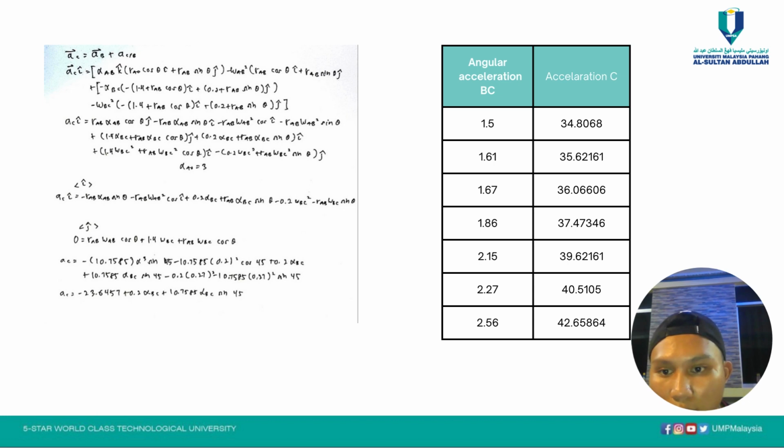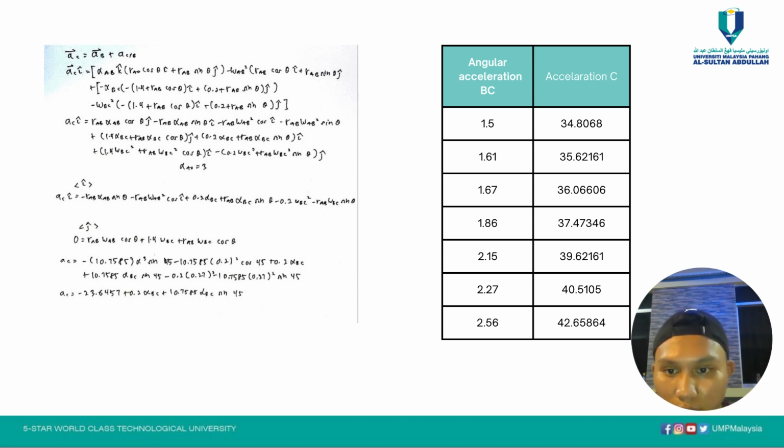So acceleration C I hack is equal to negative RAB alpha AB sin theta minus RAB omega AB squared cos theta, plus 0.2 alpha BC plus RAB alpha BC sin theta minus 0.2 omega BC squared minus RAB omega BC sin theta.